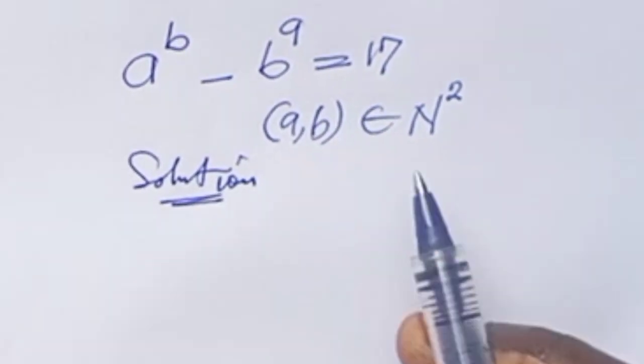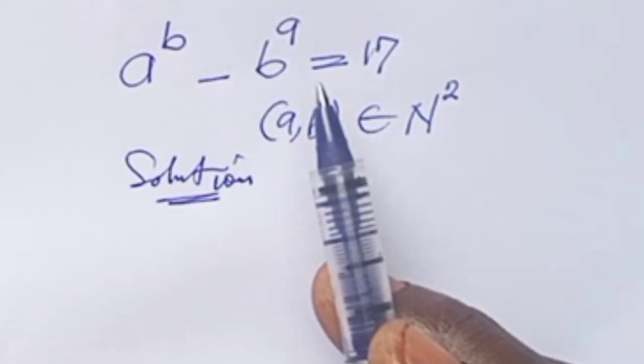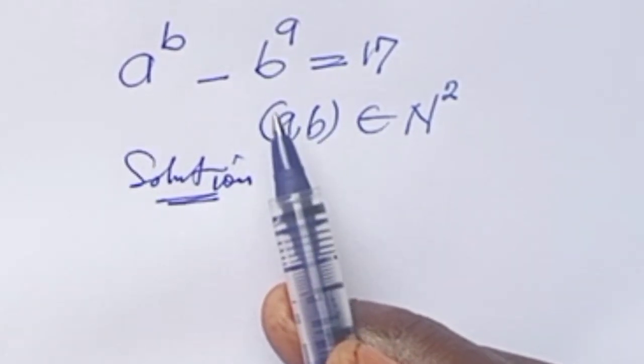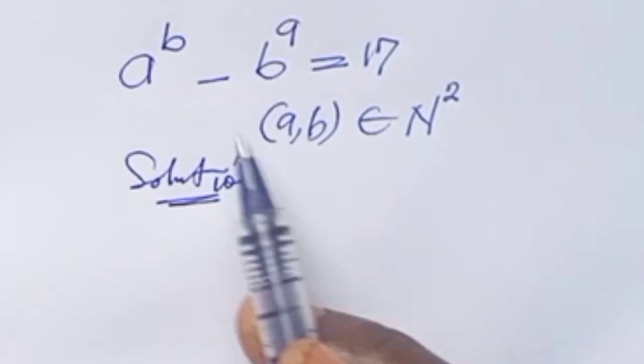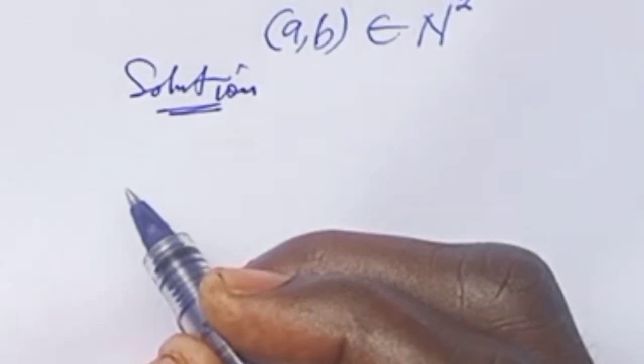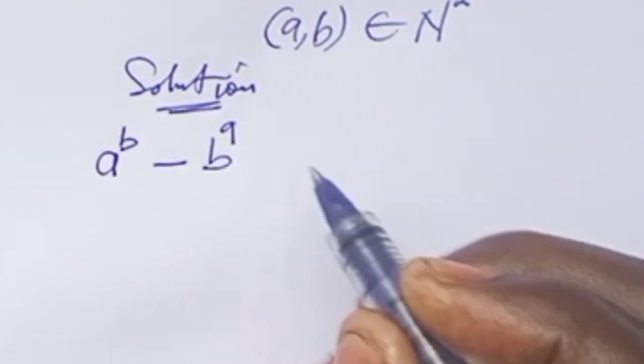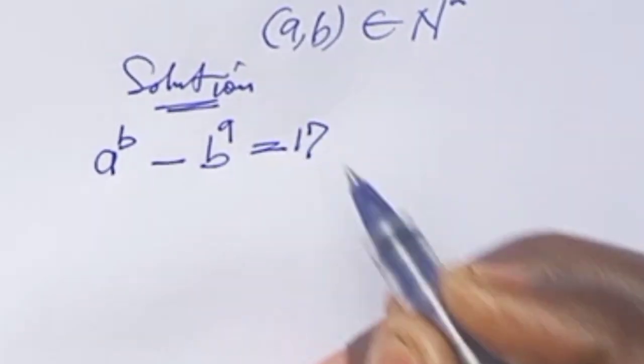We can address this equation in different forms, but this negative sign is very valuable to this equation since it can form our distinction. So with this, we can think of the principle of difference of squares. That is, our equation a to the power of b minus b to the power of a is equal to 17.